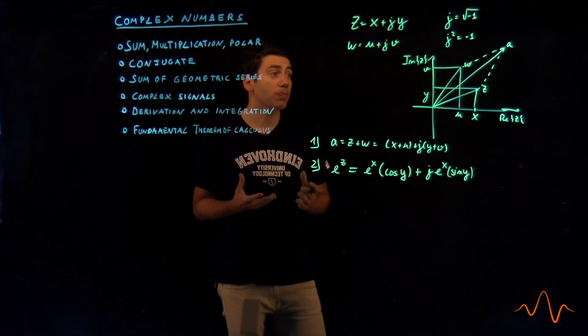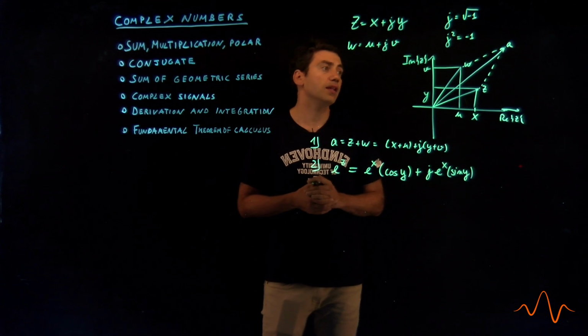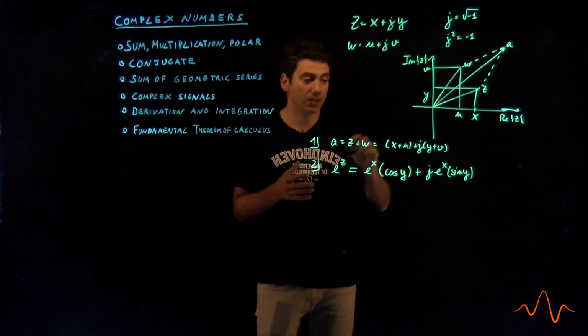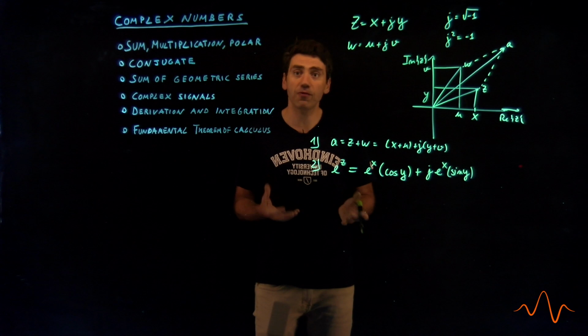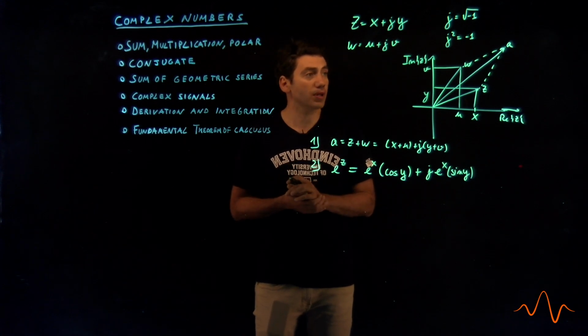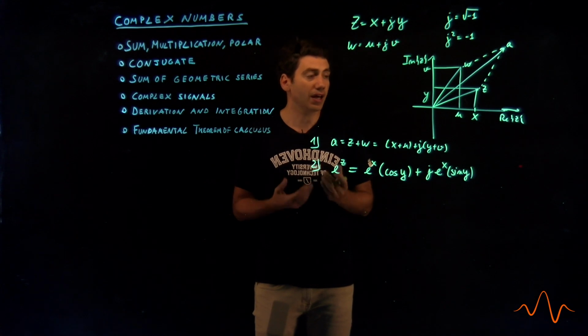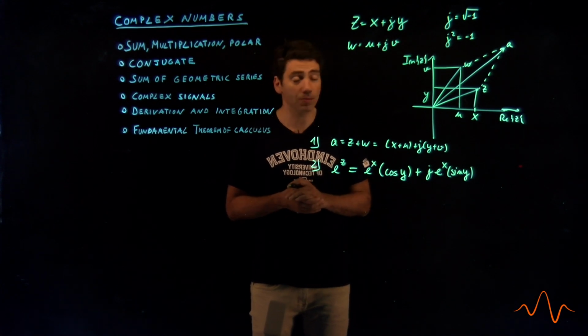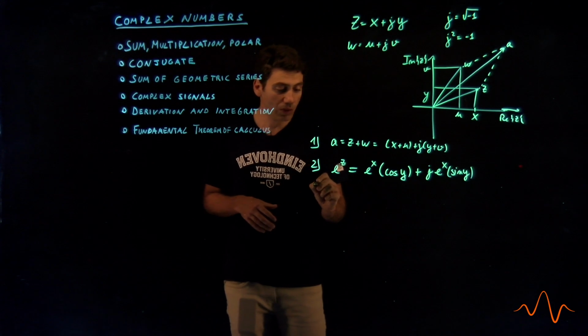Now, if we want to multiply two complex numbers, that's a little bit more tricky. We can apply the operations, or we can first transform those two complex numbers into polar coordinates, and afterwards do a much simpler operation. So what are polar coordinates?